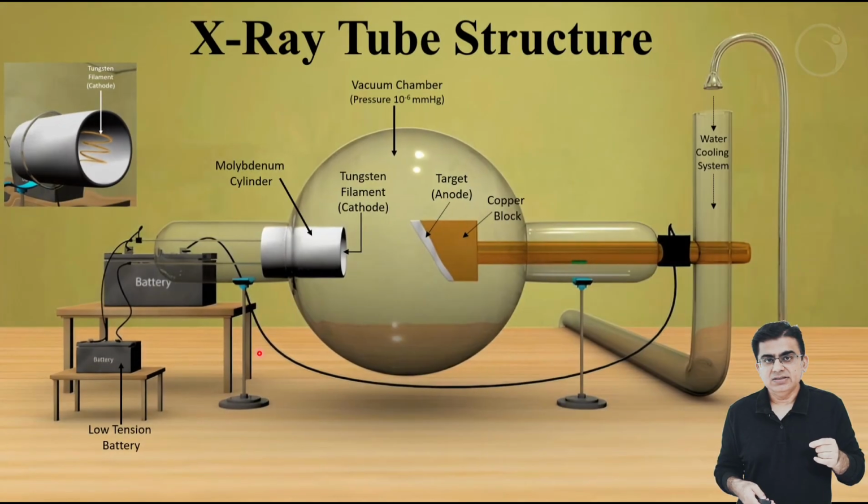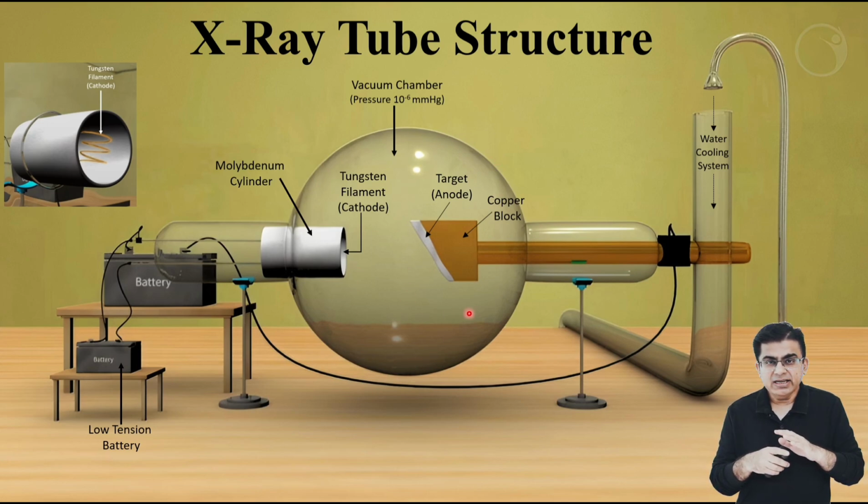Now see, this is a very nice setup showing the entire X-ray tube. I will spend a lot of time on this slide to explain this entire setup of the X-ray tube. Let us look inside the glass envelope to understand the internal structure. It consists of a glass envelope with a very high vacuum inside it.